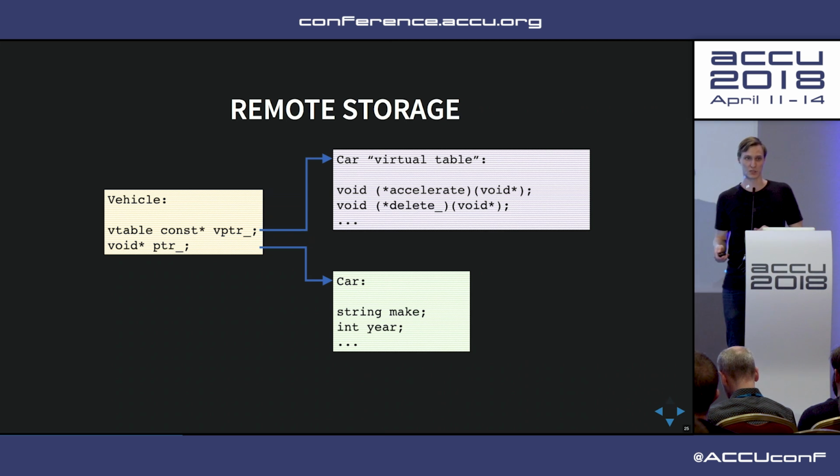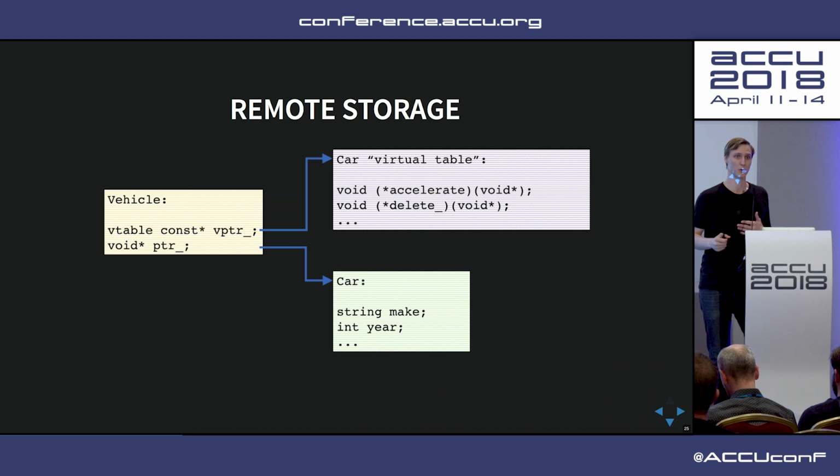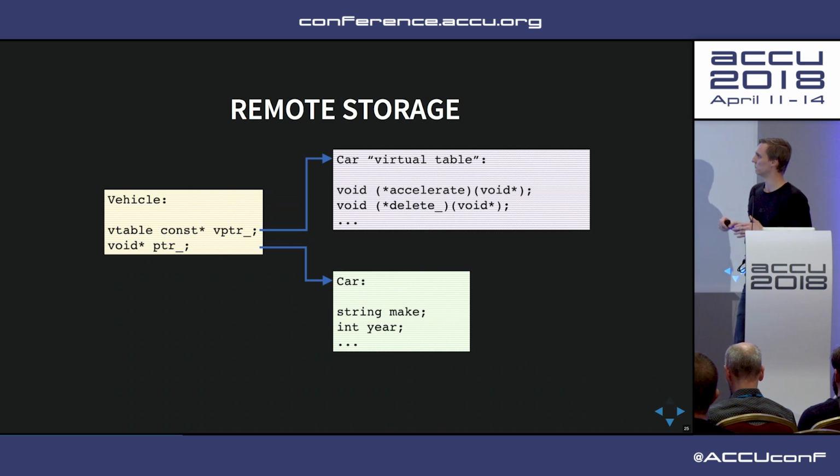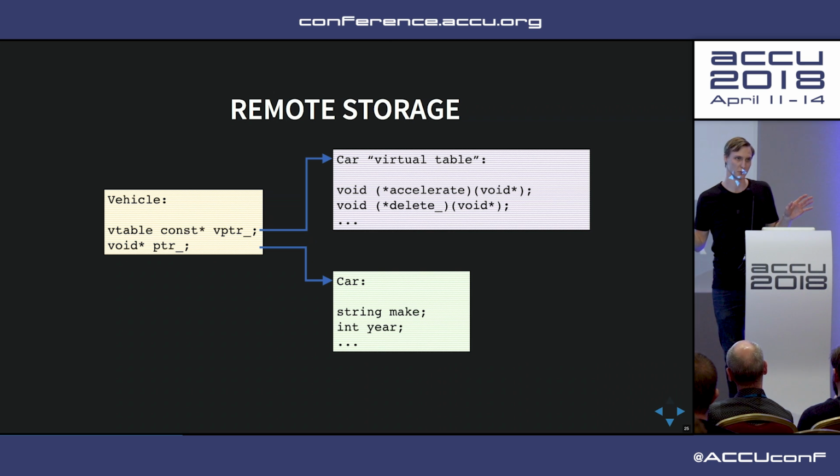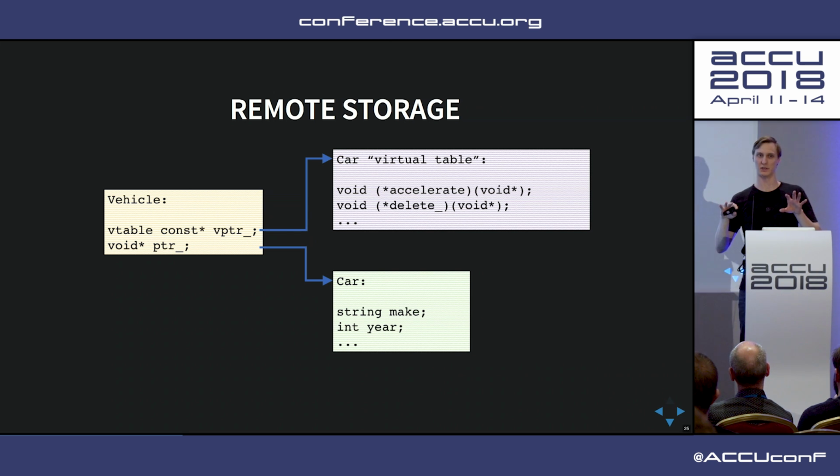So the first way we can solve that problem is by using something that's typically called a fat pointer. My vehicle is basically a pointer to a Vtable, and a pointer to some arbitrary data. I don't know what the actual underlying representation is going to be at this point.